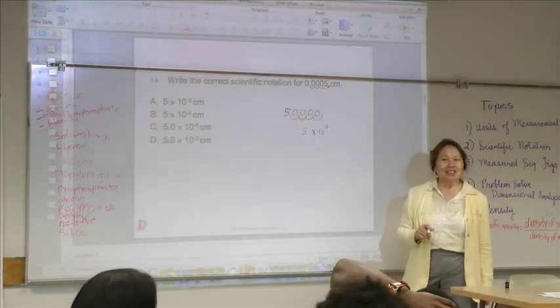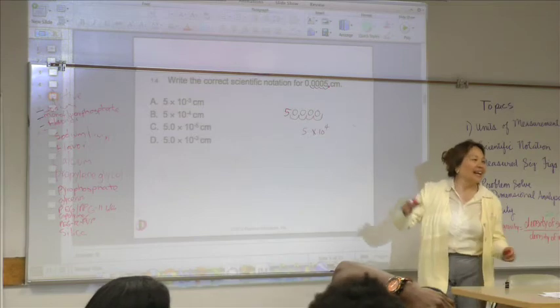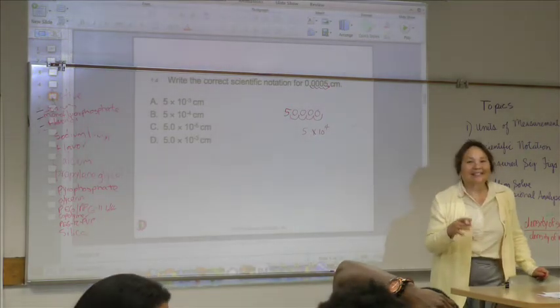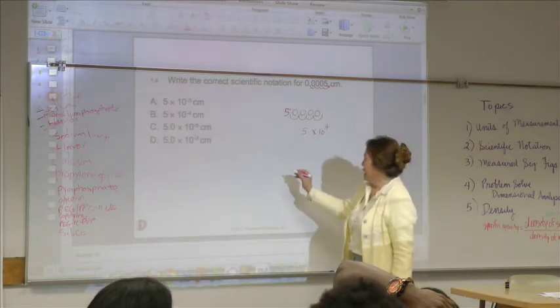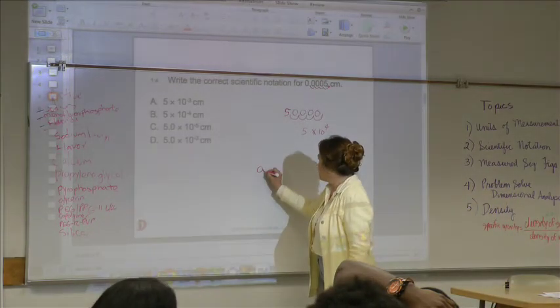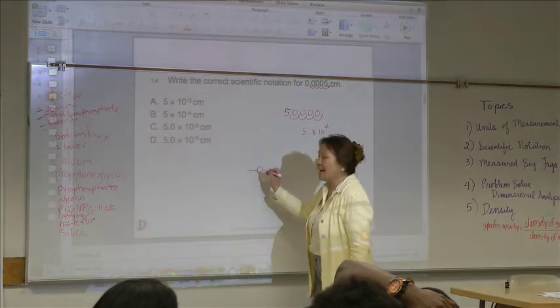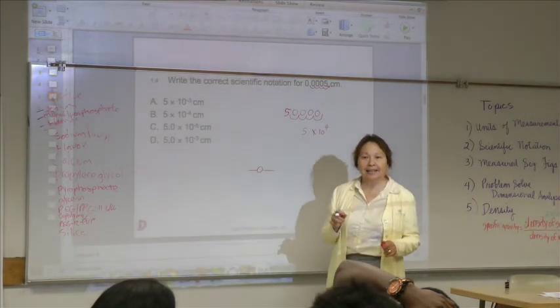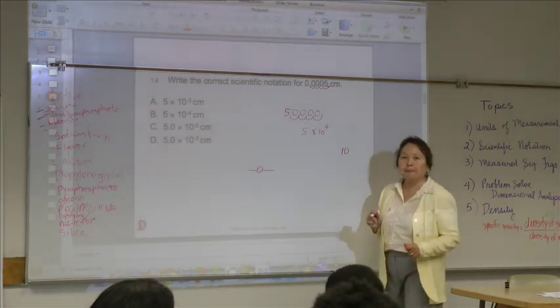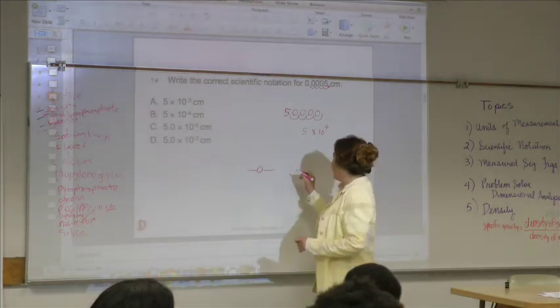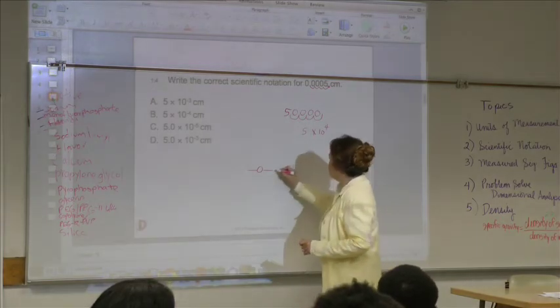See how easy scientific notation is? I didn't want to waste too much time with it, but you've got to think about it. If this is 0, and I'm going to make a ladder, what is 10? What's 100?